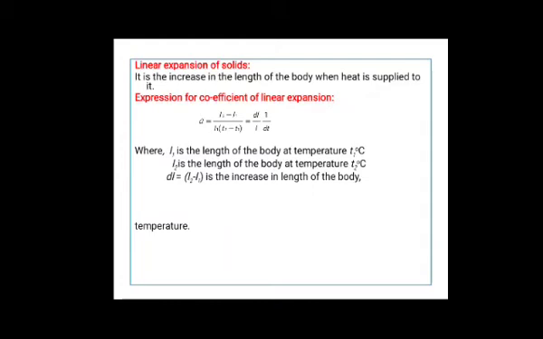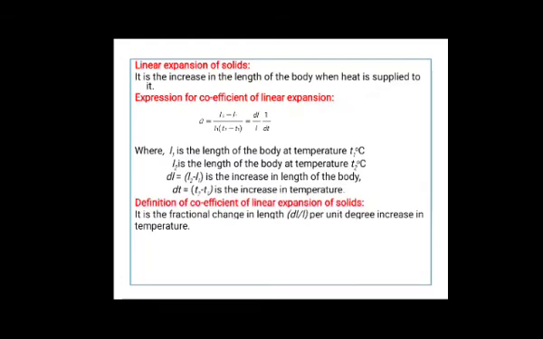The difference between these two is L2 minus L1. It is called the increase in length of the body. So L2 minus L1 can be denoted by dl. So dl divided by L into 1 divided by dt. What is this dt? It is the increase in temperature. How to calculate it?